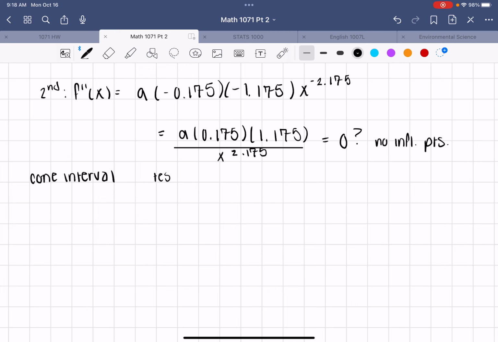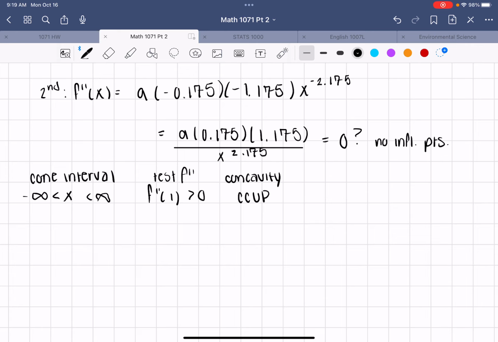So let's say, to produce y equals 1, what's x? x to the negative 0.175. So that's equal to a over x to the 0.075. So that is, solve for x.